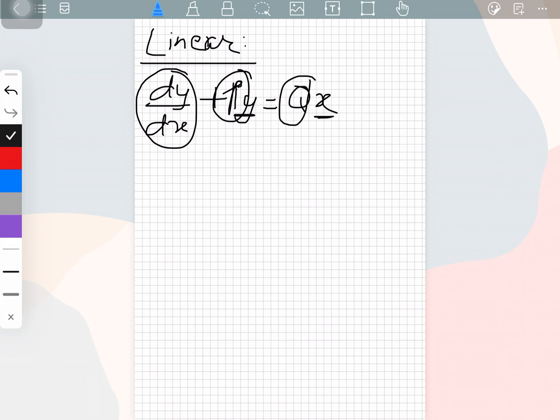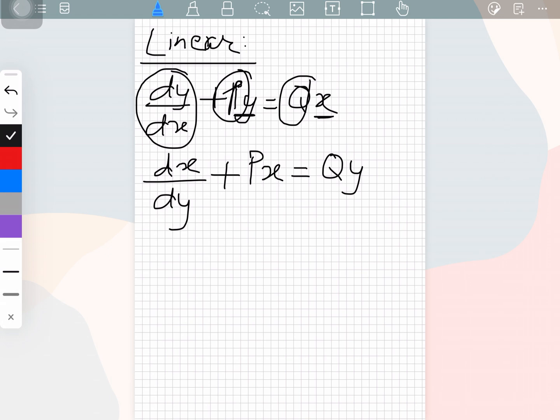And similarly, if you want to express it in the form of dx over dy, then it's just going to be the opposite. So dx over dy plus px, x will be over here, and over there you'll have q(y). So this is the standard form.